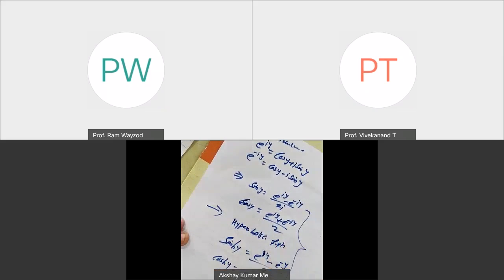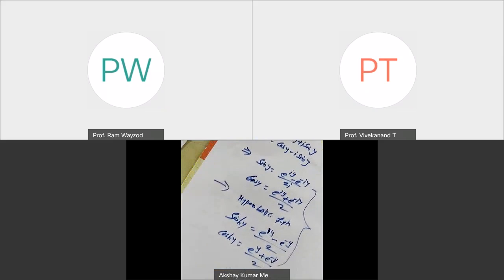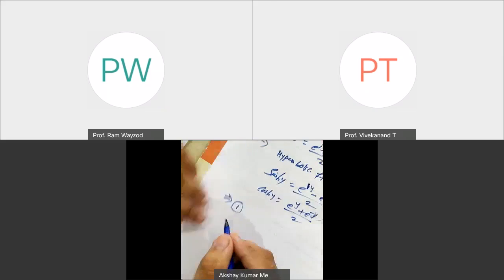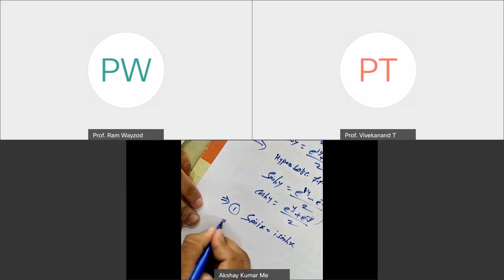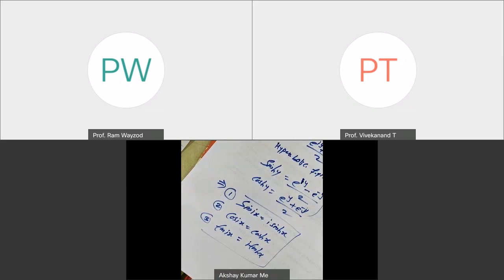Now we find the relation between these circular and hyperbolic functions. This is the relation between hyperbolic and circular functions.